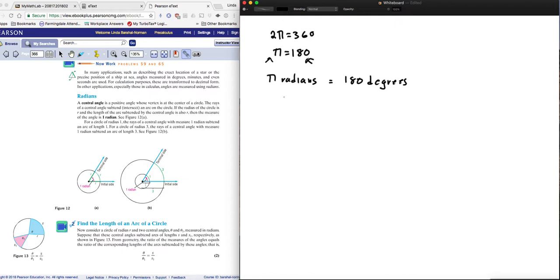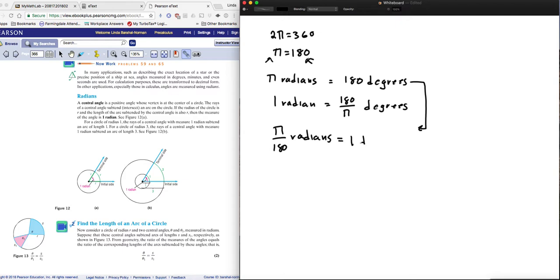If I divide both sides of this by pi, then 1 radian is 180 over pi degrees. And if I come back over here and divide both sides by 180, then I get pi over 180 radians is 1 degree.